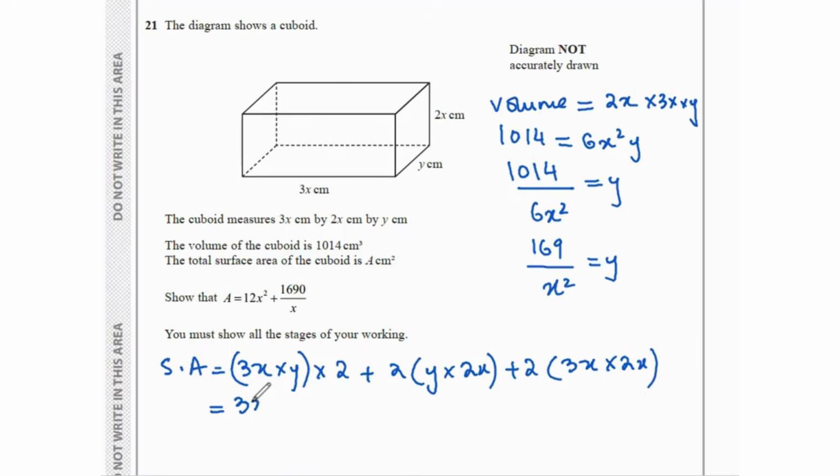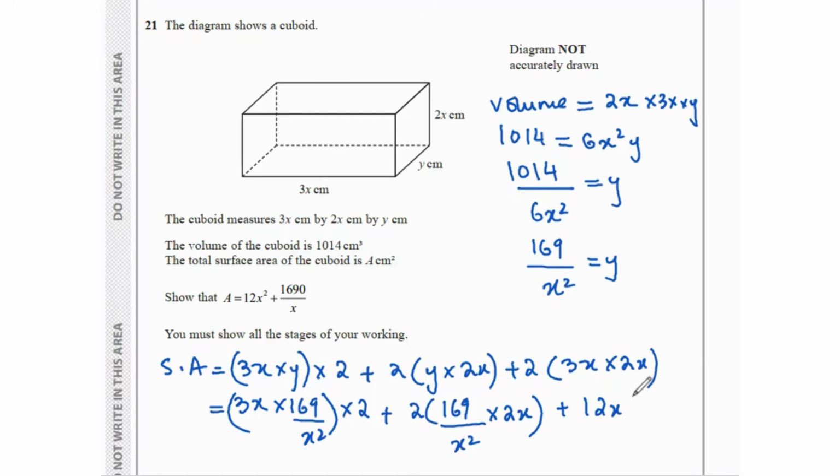So 3x times 169 over x squared times 2, plus 2 times 169 over x squared times 2x, plus 3x times 2x is 6x squared, times 2, 12x squared.